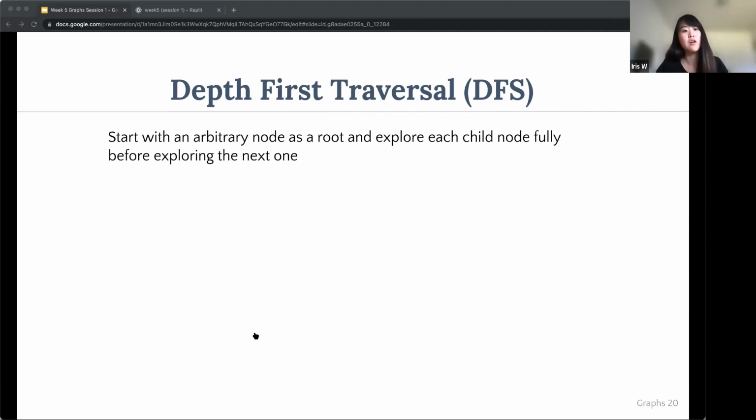Because in graphs, oftentimes you might run into the case where the graph is not completely connected. You might have a few nodes that create their own grouping, but then there might be other groupings of nodes that aren't connected to each other. So you want to make sure that you fully explore the graph by exploring each node.